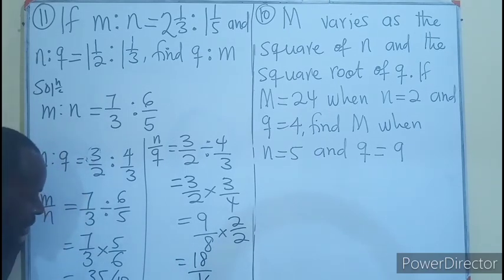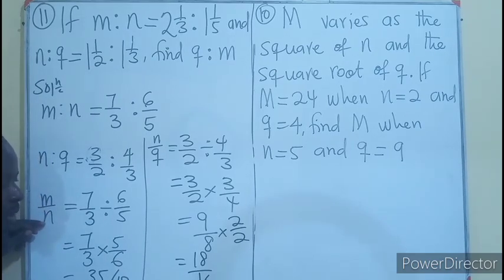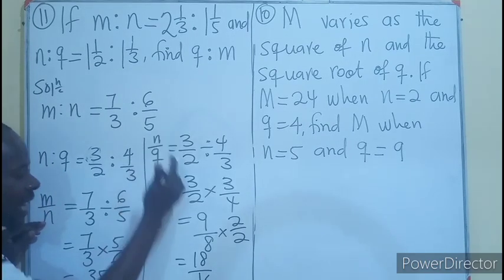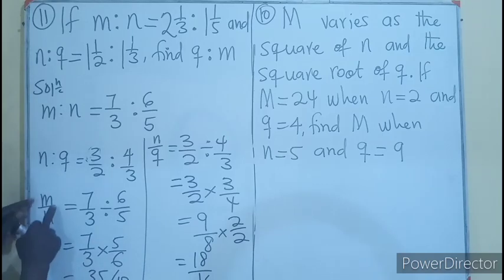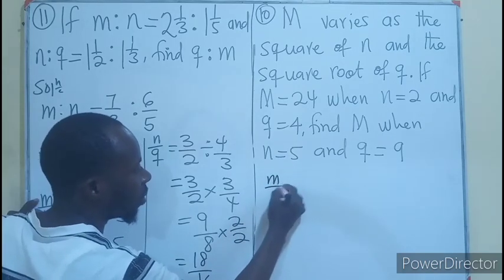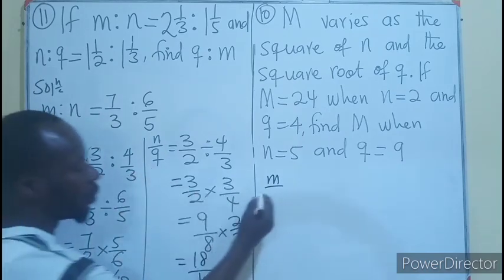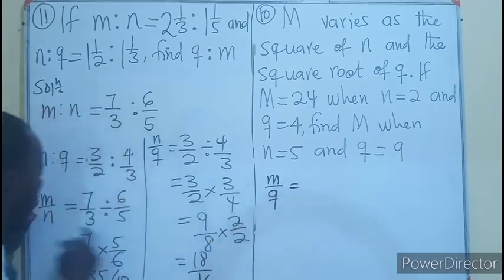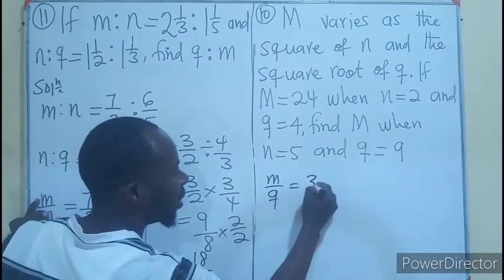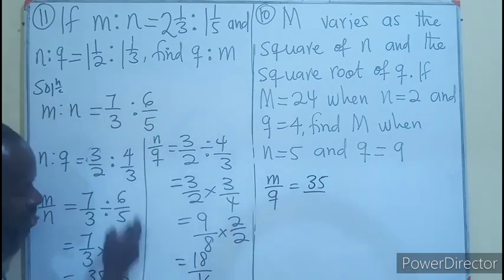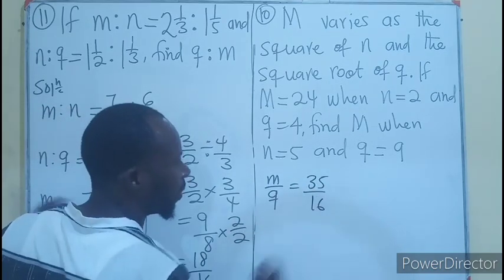16. So the moment the n as our denominator is the same as the n as our numerator, we can say that the m, which is now the top, then the q, which is now the bottom, will become the top fraction 35, the bottom fraction 16.